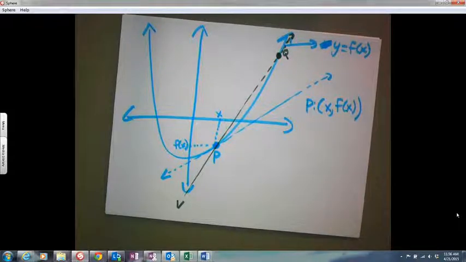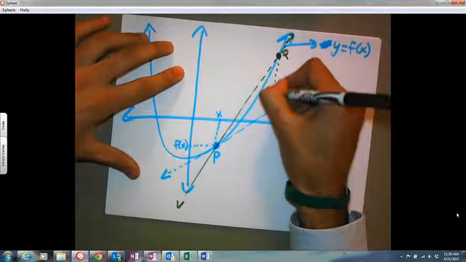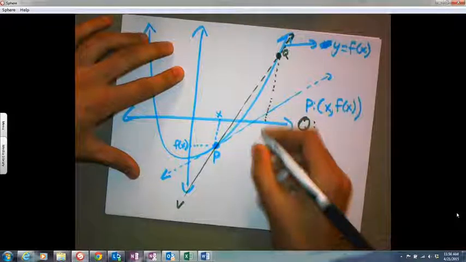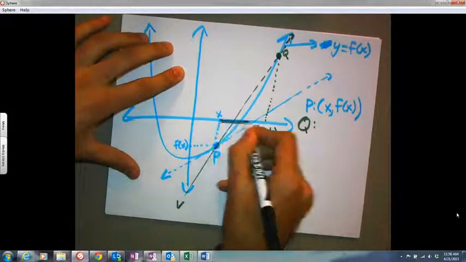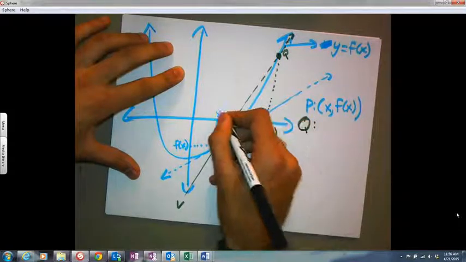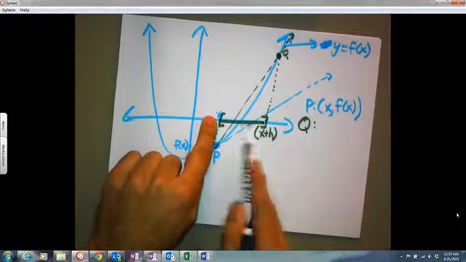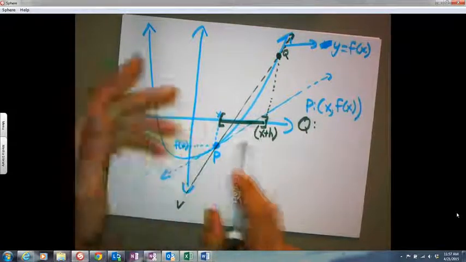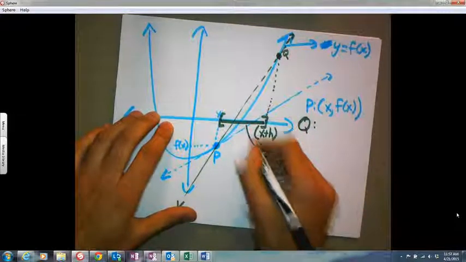Before we do that, though, we should probably give Q some coordinates. I'm going to call it x plus h, where this distance right here is h. So h is the distance between P and Q. Maybe it's 3 units, maybe it's 8 units, I don't know.